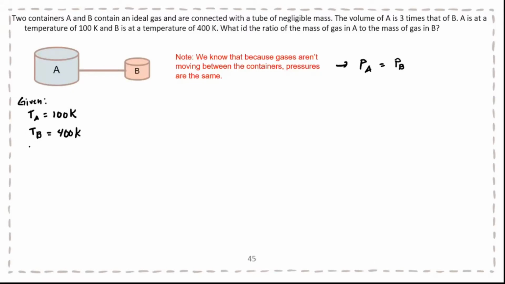And the proportionality, which is VA is 3 times VB, the volume of B. Now what is required of us is the mass of A over mass of B. So that is what we need to find out.